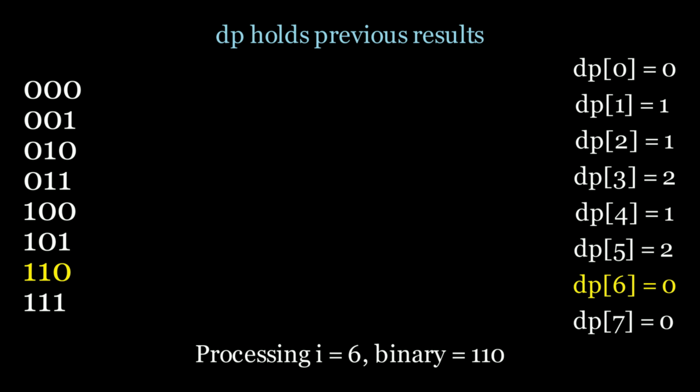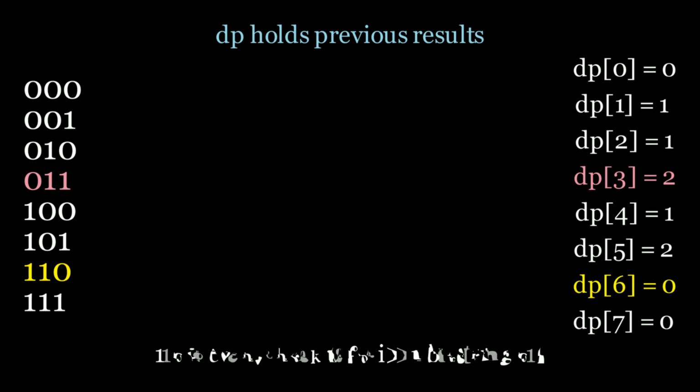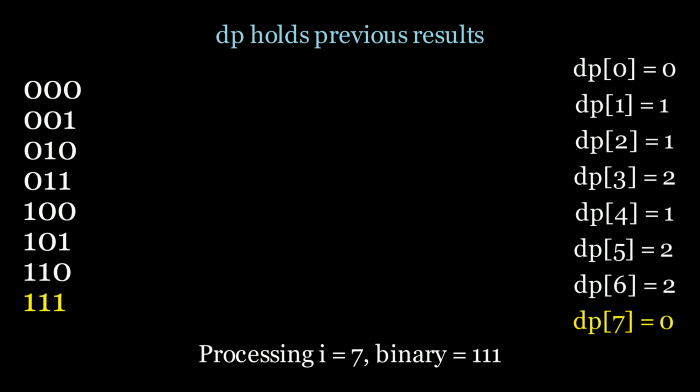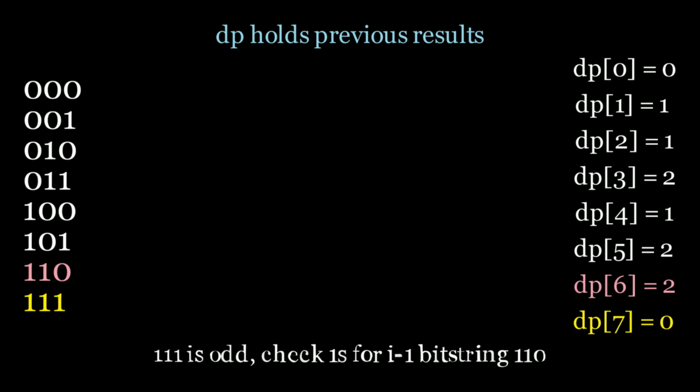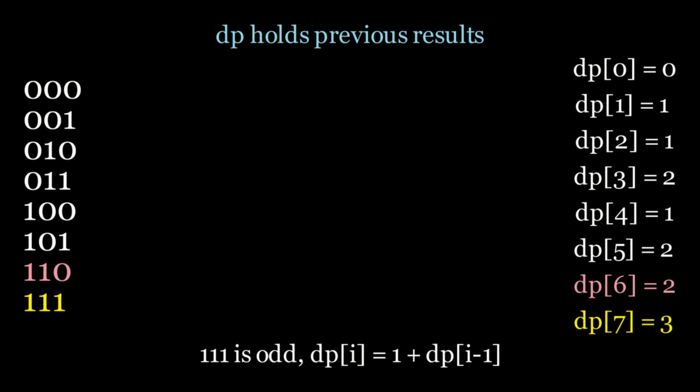And now we go on to 1, 1, 0. 1, 1, 0 is even, so we're going to look at the bit string that's shifted over to the right by 1. So we're looking at 0, 1, 1, which is dp of 3. And so dp of 6 is equal to dp of 3, which is 2. Now the last element is 1, 1, 1, which is odd. So look at the previous result and simply add 1 to it. In this case, it's 3.